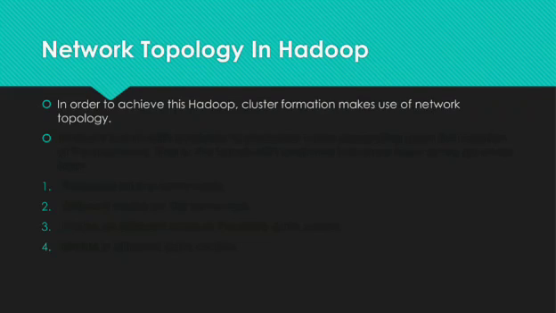Typically, network bandwidth is an important factor to consider while forming any network. However, as measuring bandwidth could be difficult in Hadoop, a network is represented as a tree and the distance between nodes of this tree, the number of hops, is considered an important factor in the formation of a Hadoop cluster.